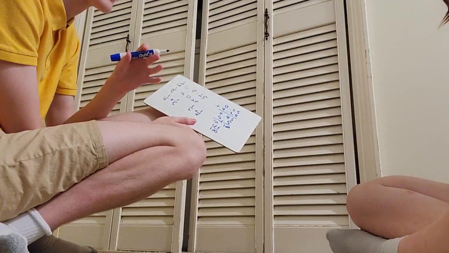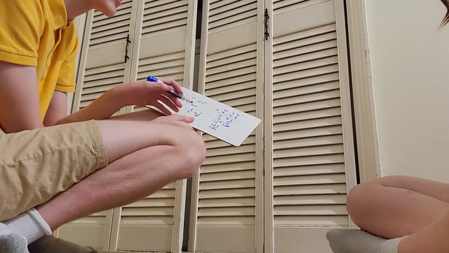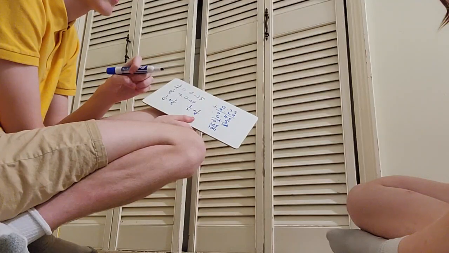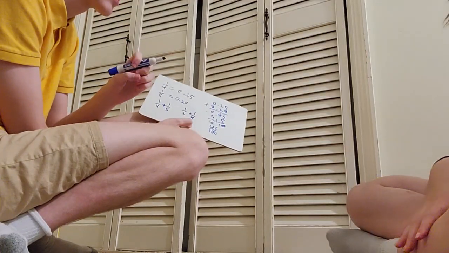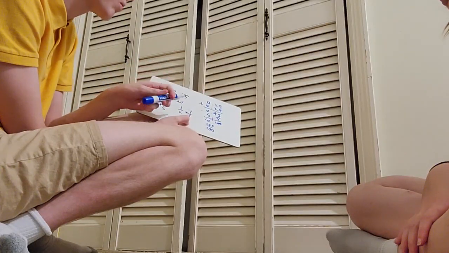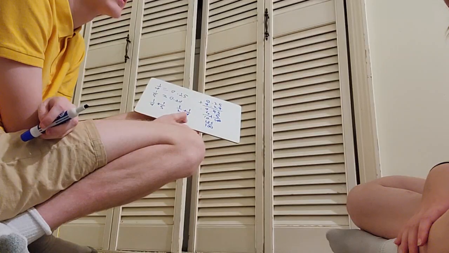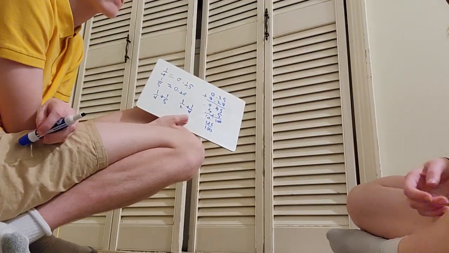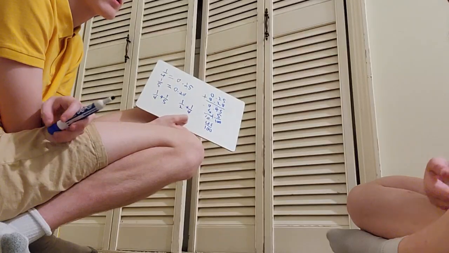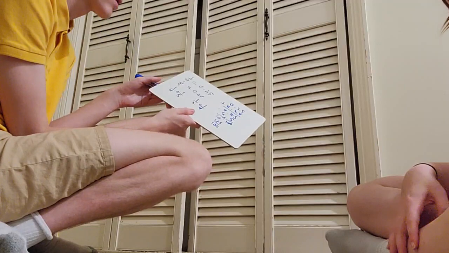And if they are not the same, then you have to convert one to the other one, or find the least common multiple. So what is the least common multiple of 4 and 2?